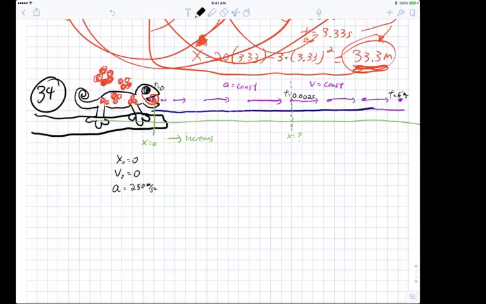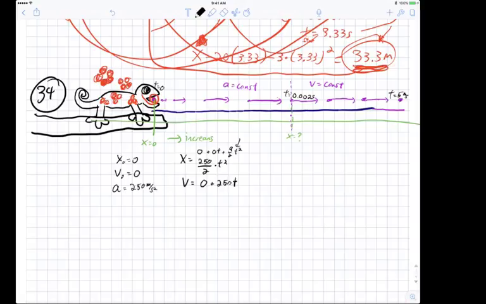That means the position as a function of time is going to be 0 plus 0t plus a over 2 t squared. I'm just going to write this part of it. So this is 250 divided by 2 times time squared, and the velocity is 0 plus 250 times time.